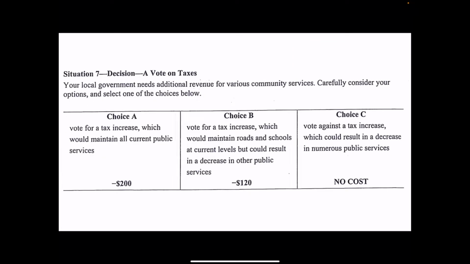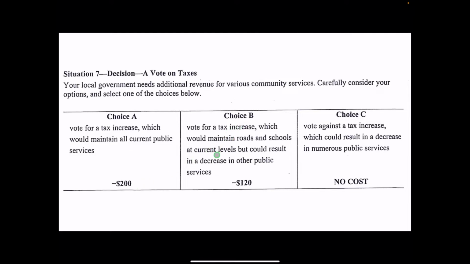Situation 7 is another decision, a vote on taxes. Your local government needs additional revenue for various community services. Carefully consider your options and select one of the choices below. Choice A, vote for a tax increase which would maintain all current public services, minus $200.